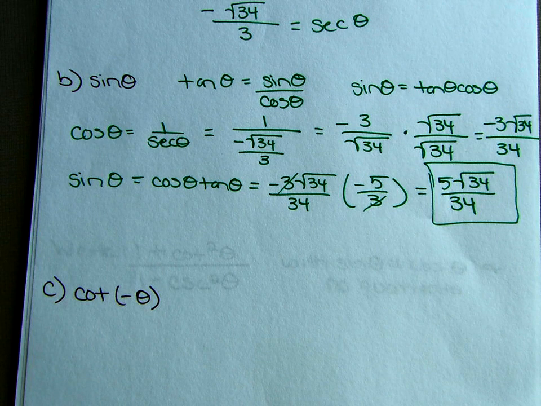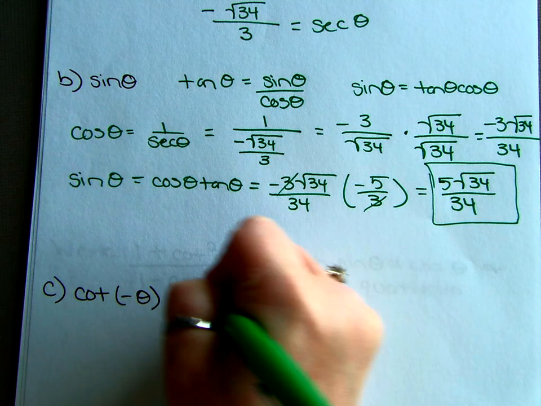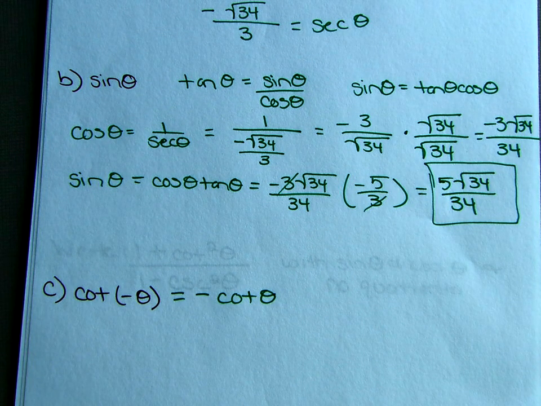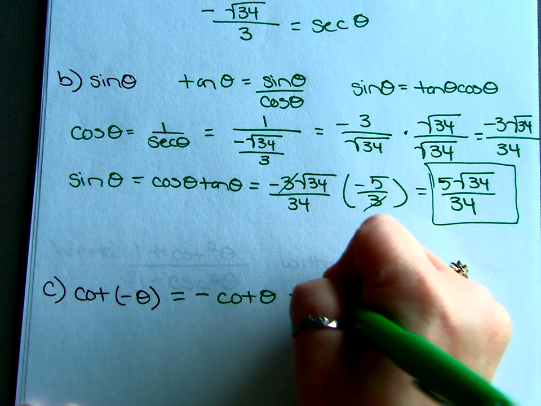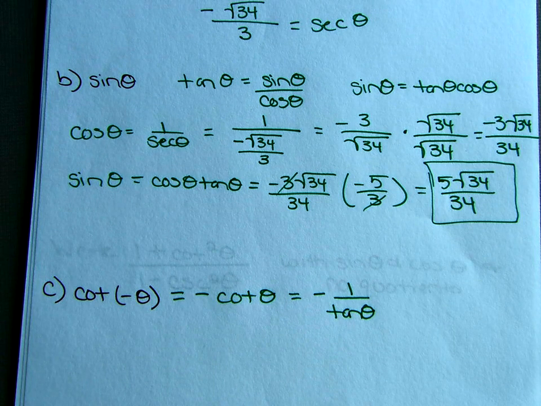I know that cotangent of negative theta equals the same thing as negative cotangent of theta. So that's nice. I know from my reciprocal identities that cotangent is 1 over tangent. And they give us tangent from the very beginning. It's negative 5/3.